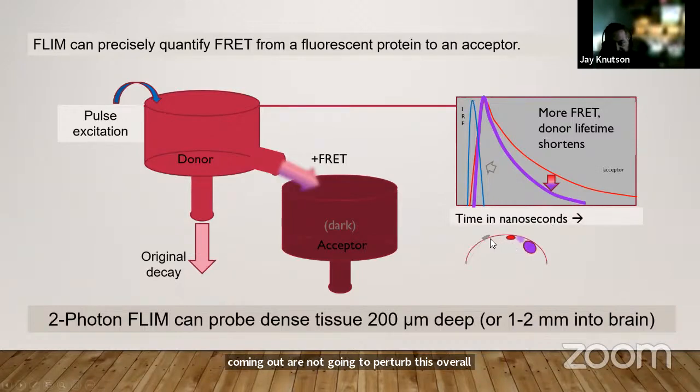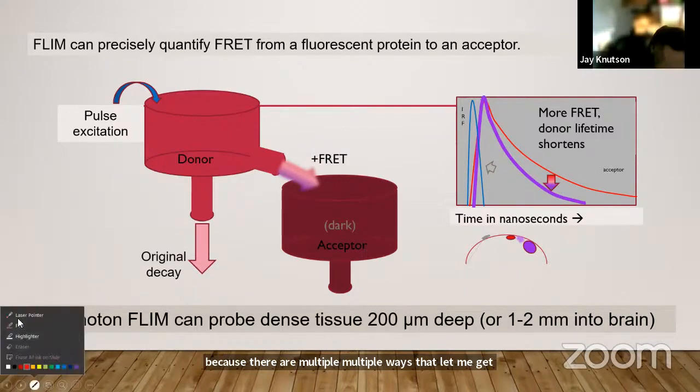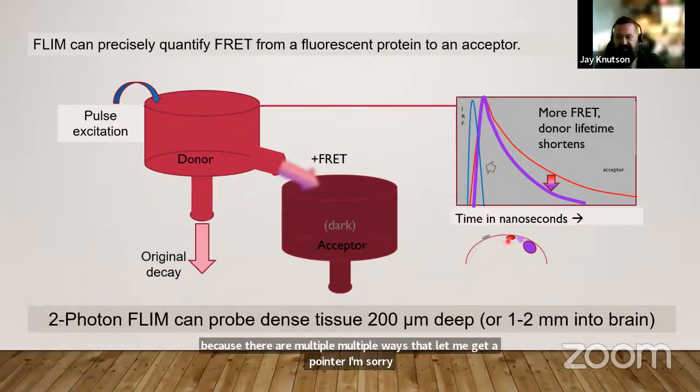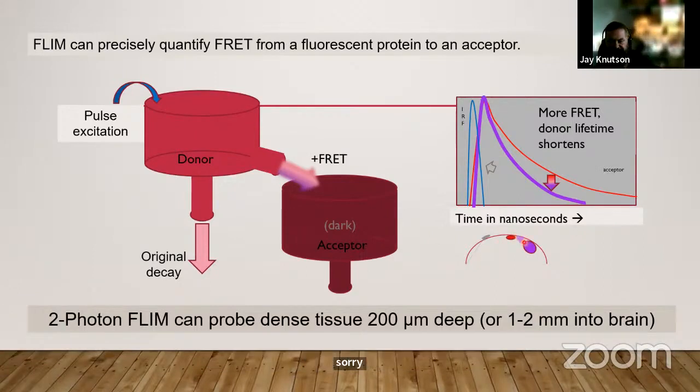So the sort of thing that you would see is a movement of the phasor towards a shorter lifetime to the right, and a certain broadening because there are multiple ways and strengths of FRET that occur due to angle differences. So there would be a broadening of the envelope as well.